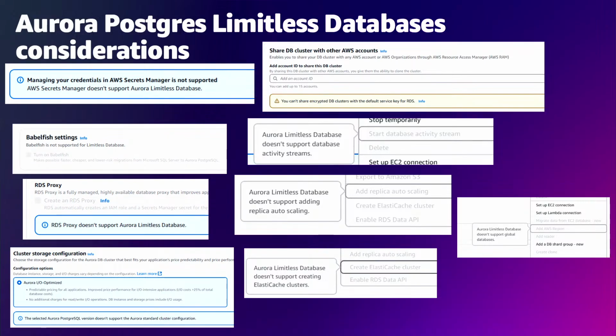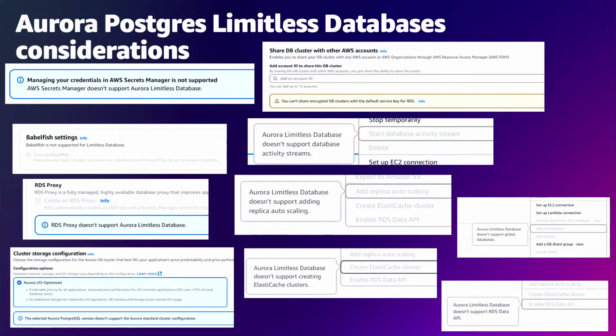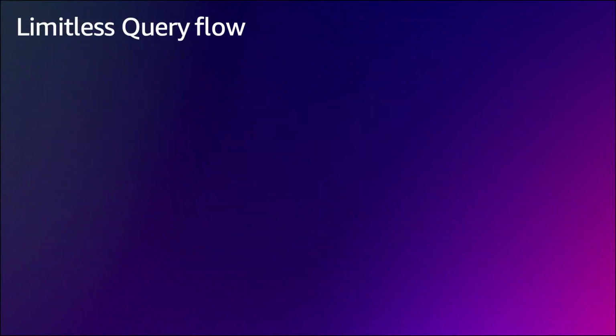That's how they're doing it. And the last one, it doesn't support the RDS Data API. Limitless went into GA last December during re:Invent. So hopefully they get these nice features on, so next time, these will be there. They should call it limited instead of limitless.